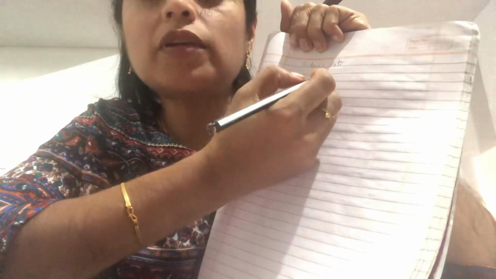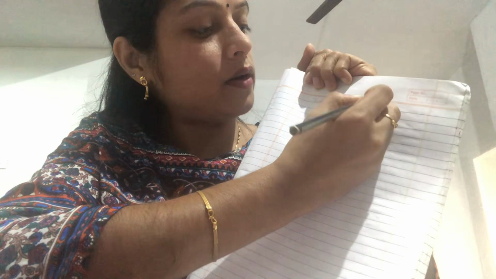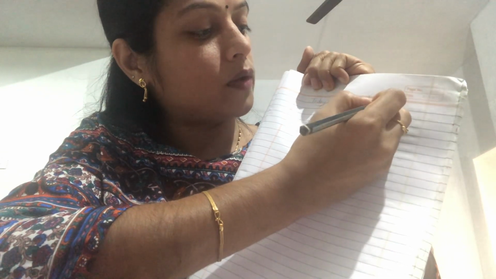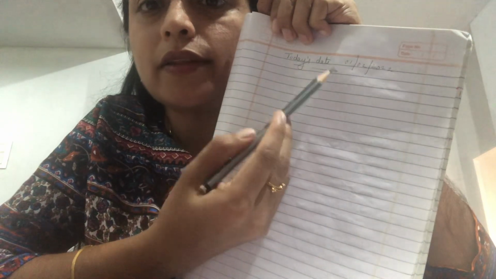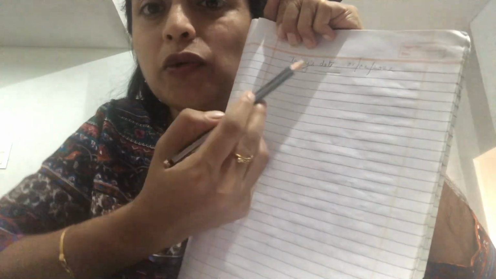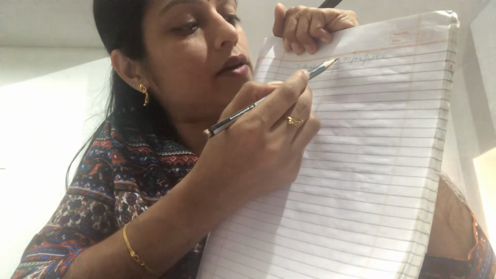In the case note itself, the same words they are writing: today's date 01/02/2022. So this date they are mentioning as today's date. Assume that is today's date. So that date you can select here.